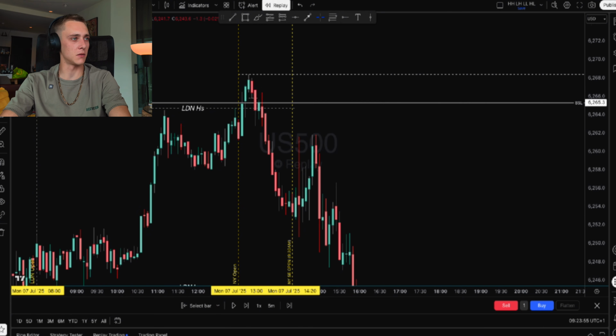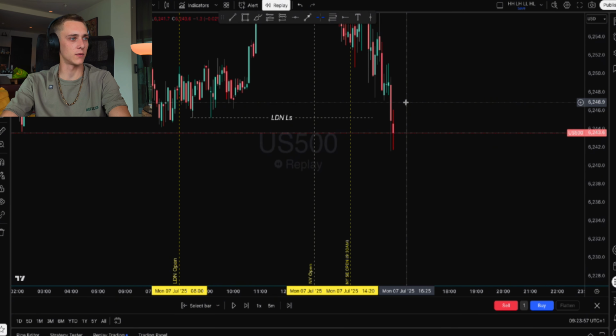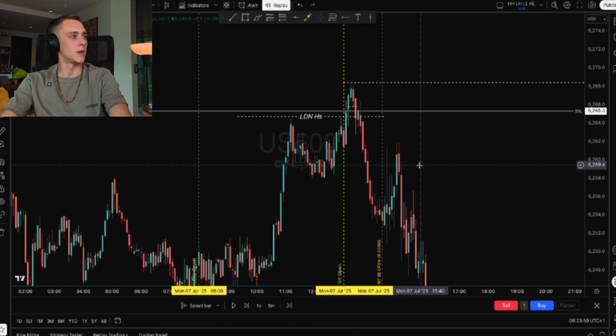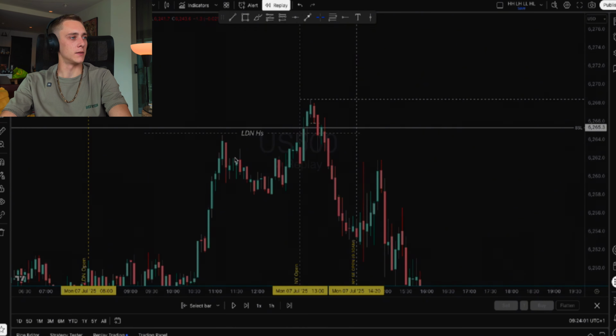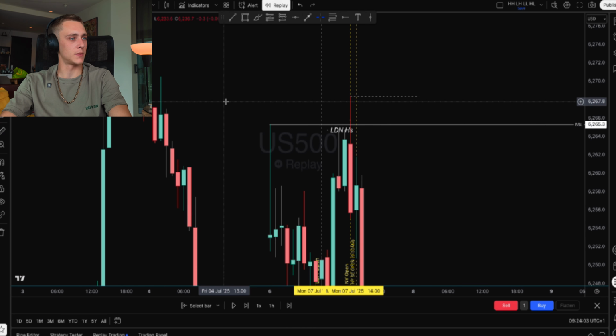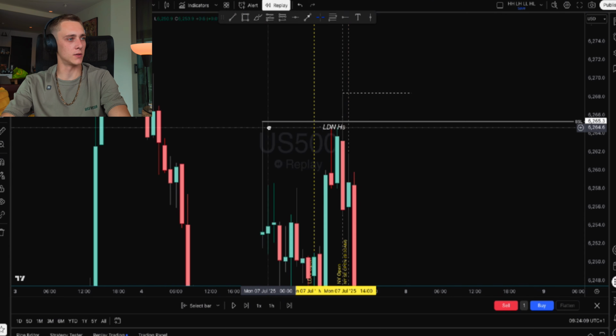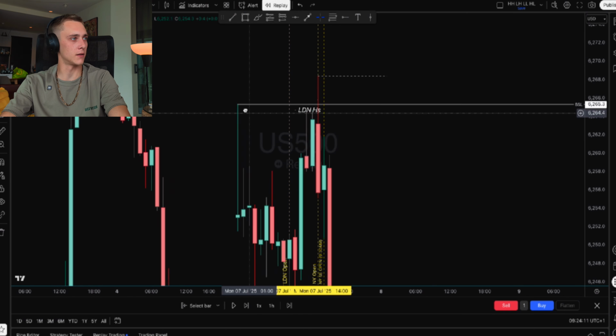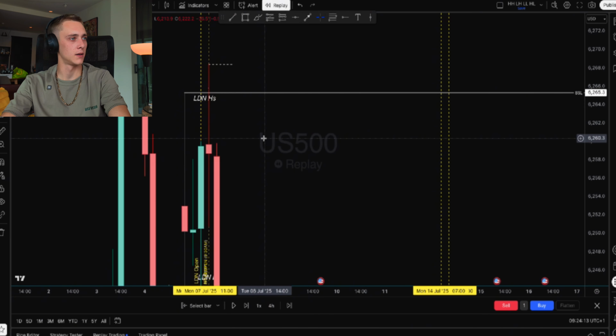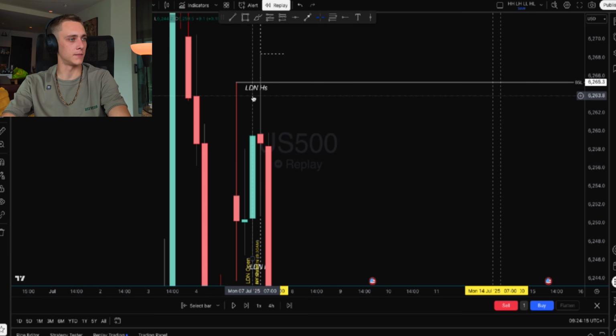Doesn't matter what you would have been on, you would have hit take profit, no stress. But that is the wick on the hourly. This is the sweep. It's even swept a bit of that. I didn't manage to sweep these, but took out some of these highs. But the major ones were this high here, this 4 hour and 1 hour high, and London high.